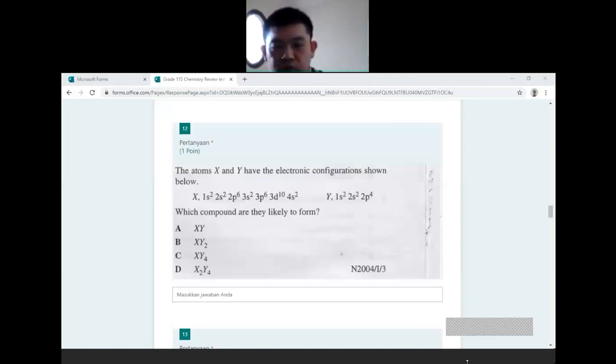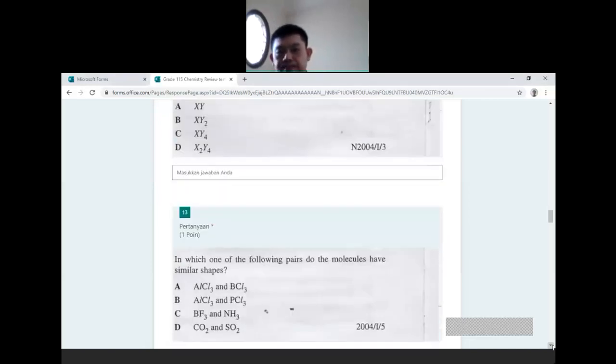Which compound is likely to form? It is XY, because X forms a 2+ ion and Y forms a 2- ion. So X and Y will become the formula of the compound.